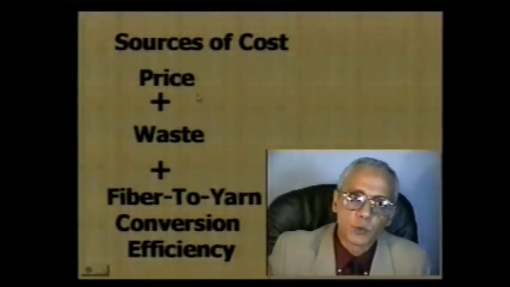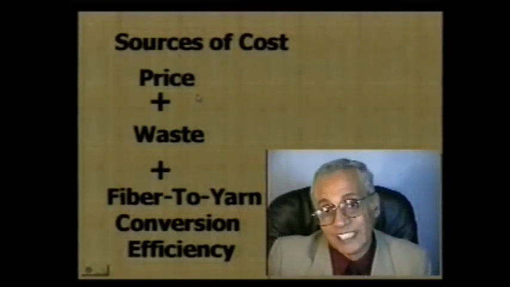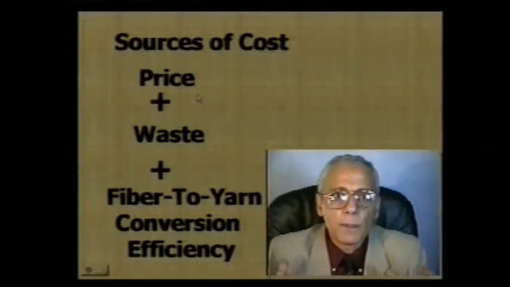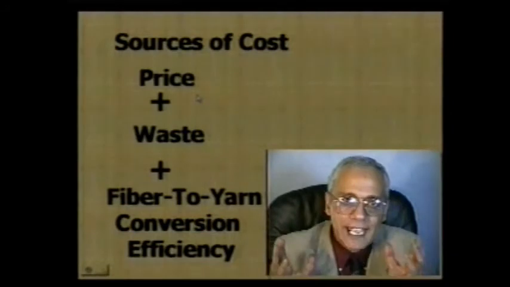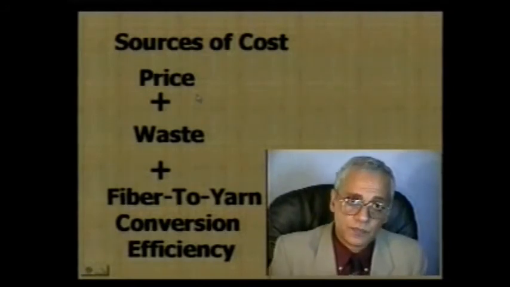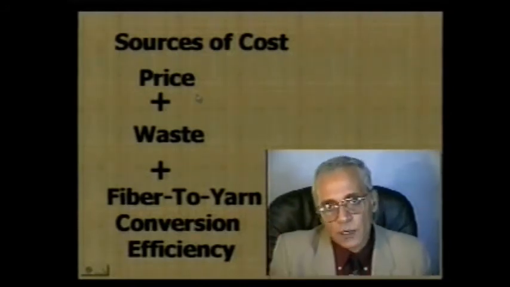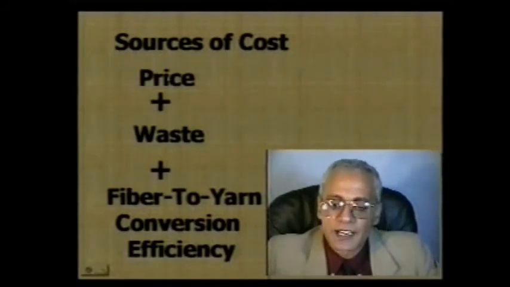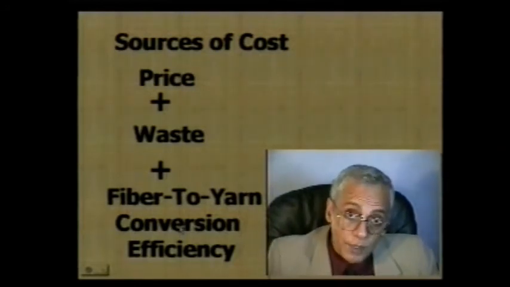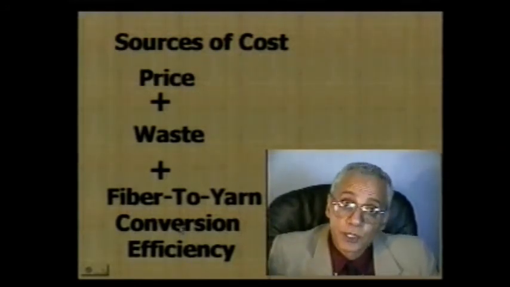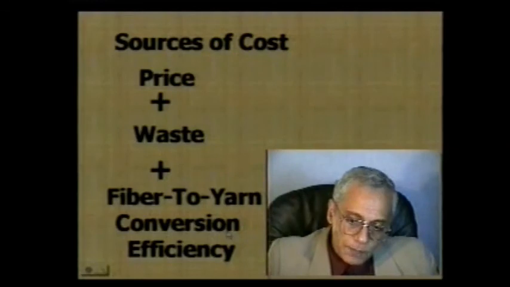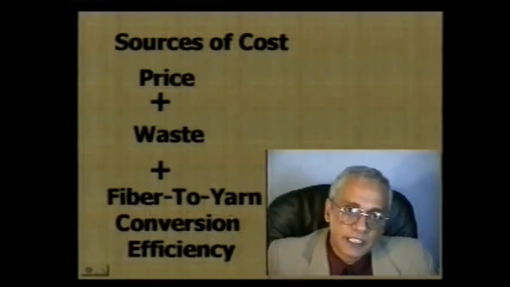So if you compare two companies, both producing denim, for example, or towels or sheets or whatever, we will find that when they go out, they look for fiber attributes that are within very similar ranges. So what distinguishes this company from that company would actually be the other aspects, the waste and the fiber to yarn conversion efficiency. This is what makes one company more superior or better than another, especially when it comes to profit making. So you need to keep that in mind, and we will look at that in great detail in this course.